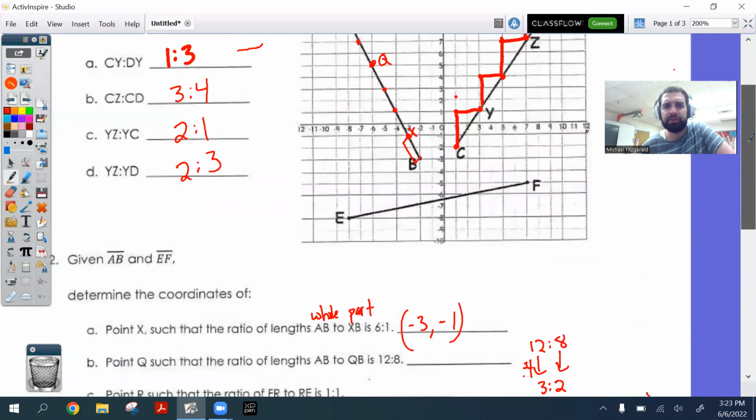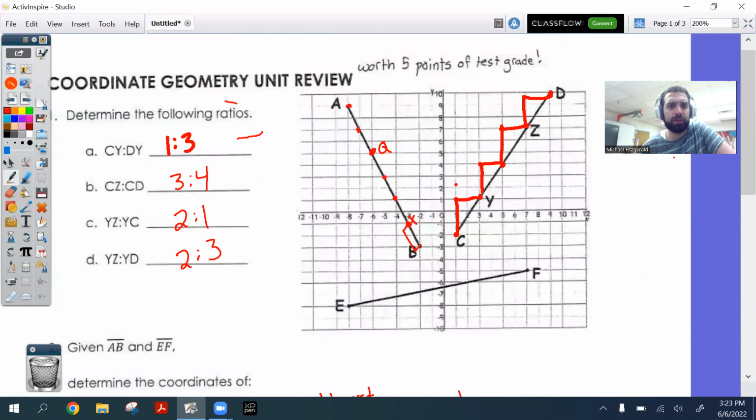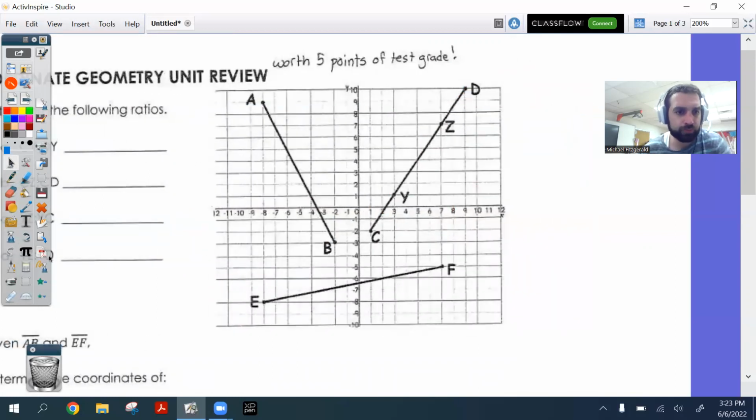Well, what are our x's? Let me also erase so I can make some more room. This point is (-8, -8), and this point is (7, -5). It might help if you label these x1, y1, x2, y2.